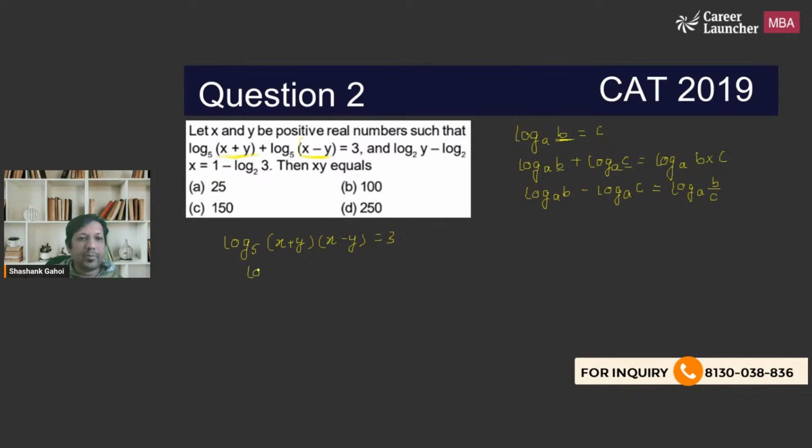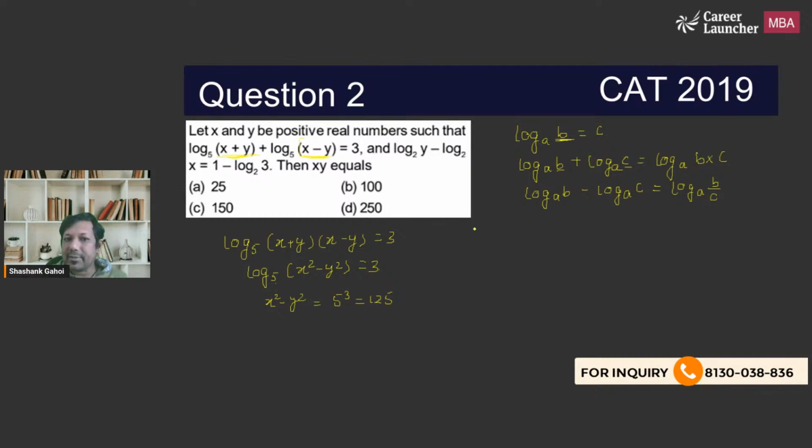Okay, so log base 5 of a plus b, a minus b is a square minus b square, and that is equal to 3. Now, the basic definition of log says that x square minus y square is equal to this power this. So it is going to be 5 cube, or I can say 125. So from the first statement, what I am getting is x square minus y square is equal to 125.